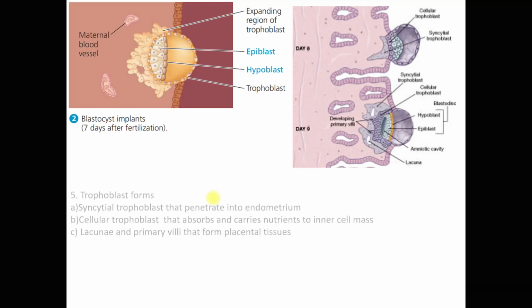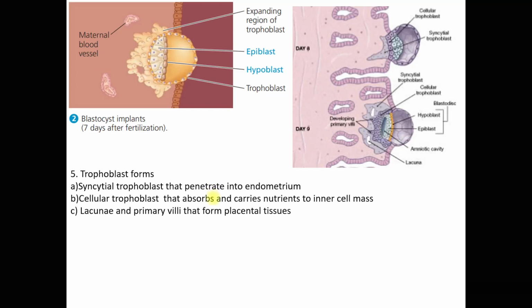Okay, next, when the trophoblast is already embedded into the wall of the endometrium, what happens? This trophoblast will form syncytial trophoblasts, right? Can you see this syncytial trophoblast? It is derived from the trophoblast.